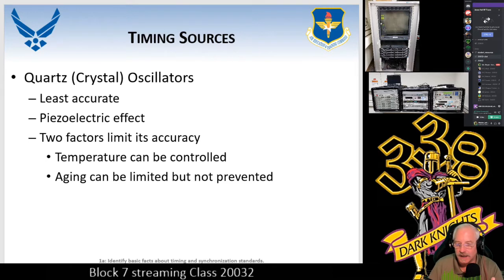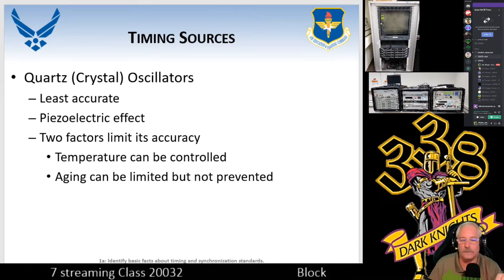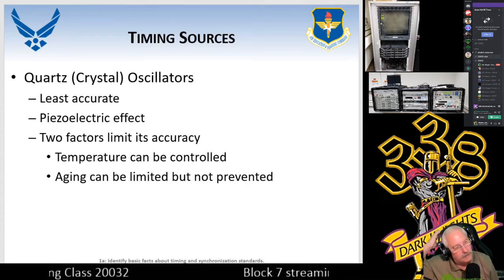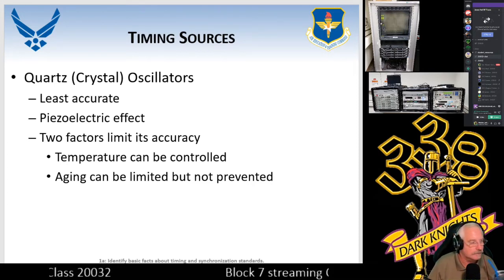The frequency is taking hold. It's being as accurate as it can be, but there are two factors that create problems for it later on down the line. First of them, it's temperature, and then you got aging. The only one out of that you can control is temperature.